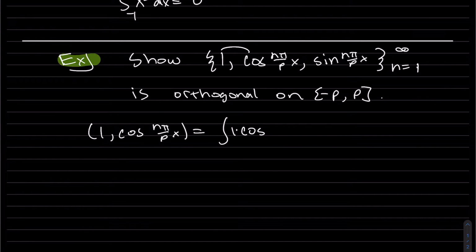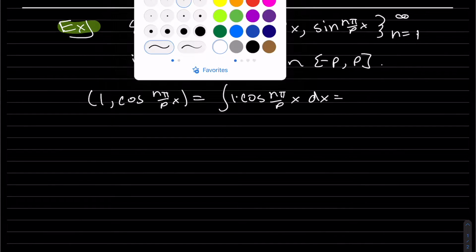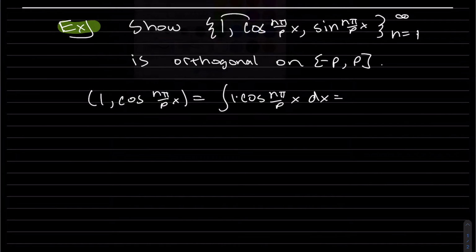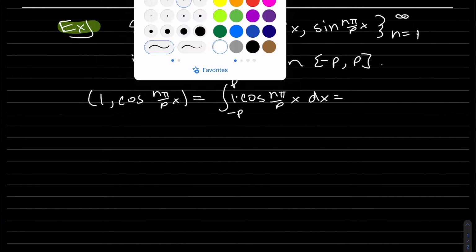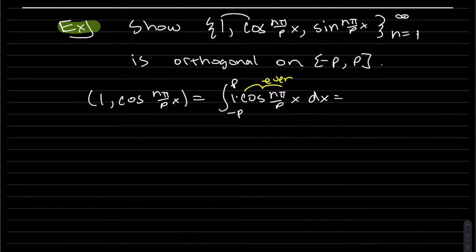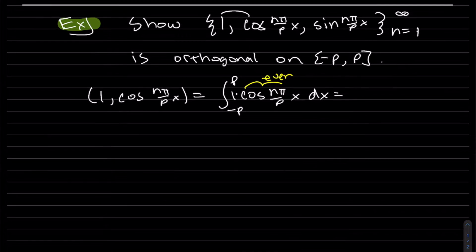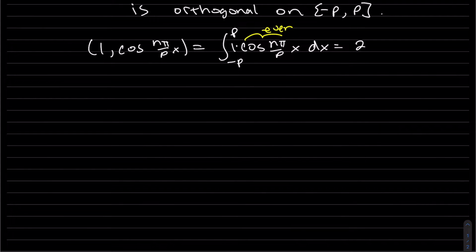So we multiply the two functions. This is an even function, and this is also from minus p to p. Since this is even, we can double it. But let's remember that this has to be from minus p to p. It can't be from 0 to p. It's got to be equal on both sides. So we can double from 0 to p.